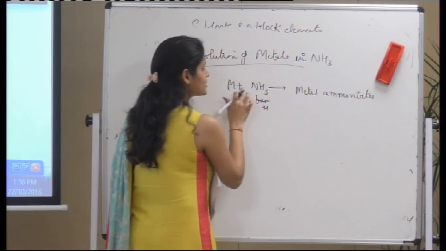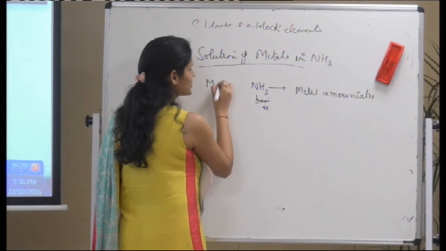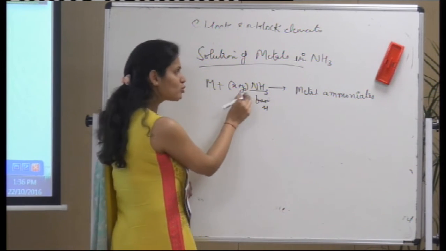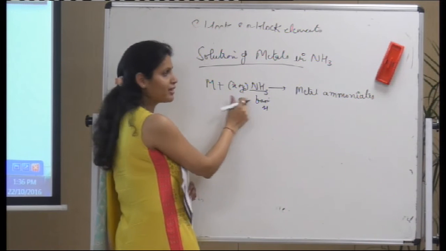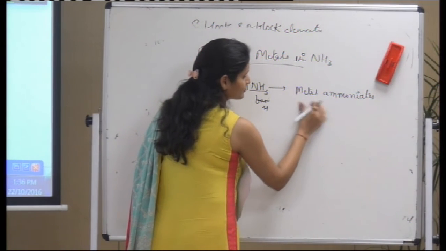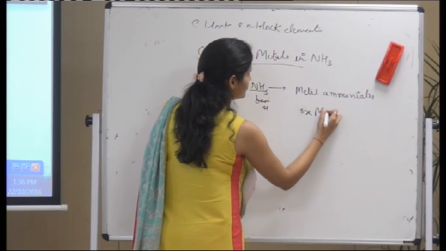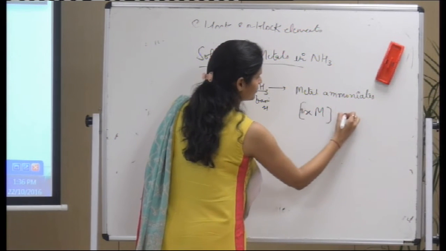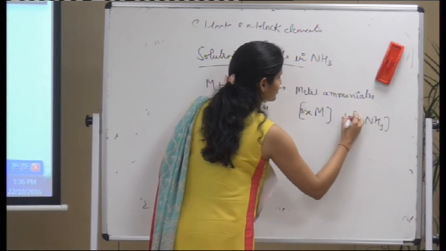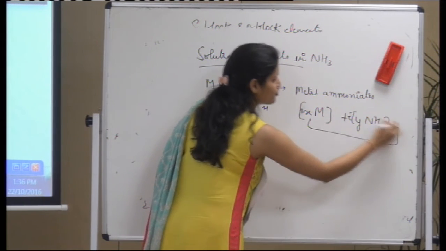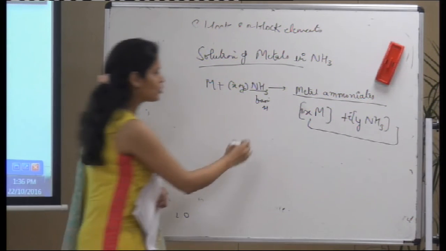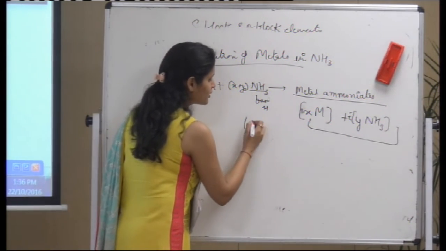If this is metal plus x plus y, I am saying that some moles of NH3 are involved in this process, then it will form M plus x, and y amount of NH3, plus electrons. This is a combined form actually. These form blue color solutions.